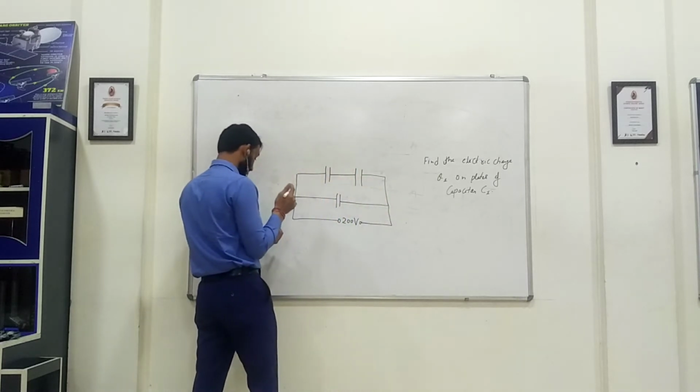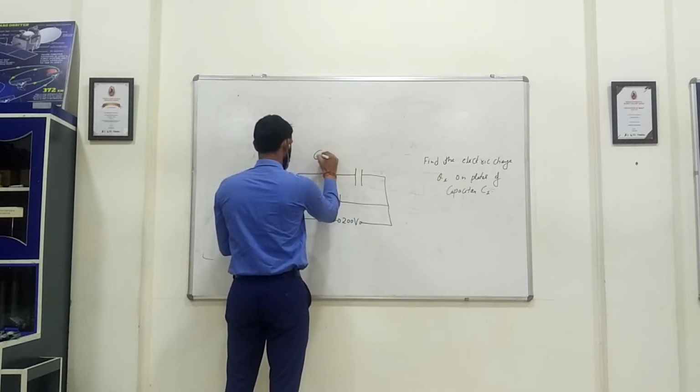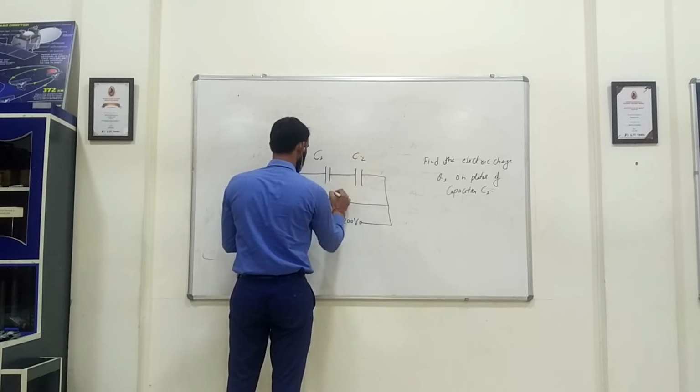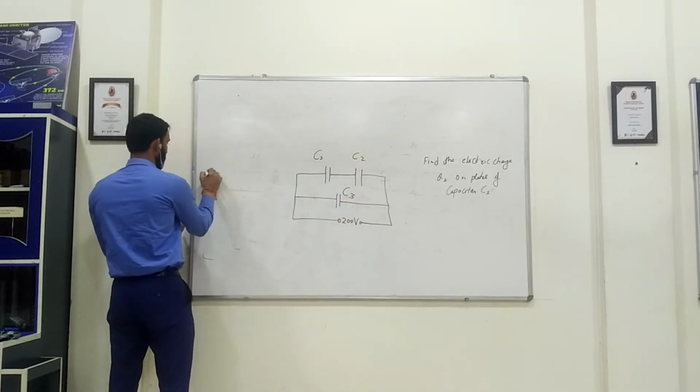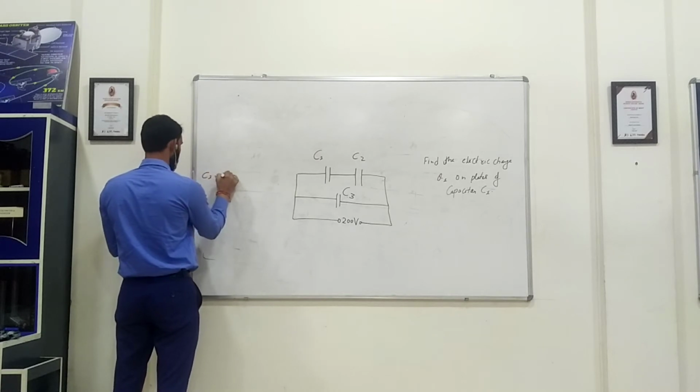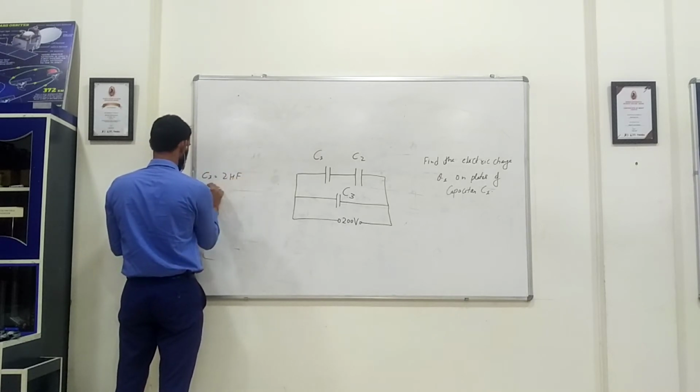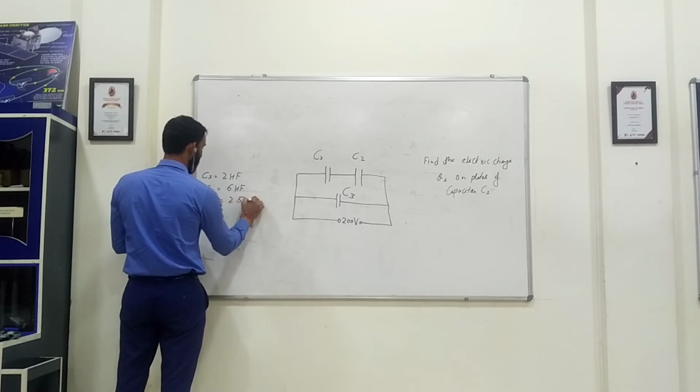Okay, so this is given C1, this is given C2, and this is given C3. Now I'll write the values: C1 is equal to 2 microfarad, C2 is equal to 6 microfarad, and C3 is equal to 2.5 microfarad.